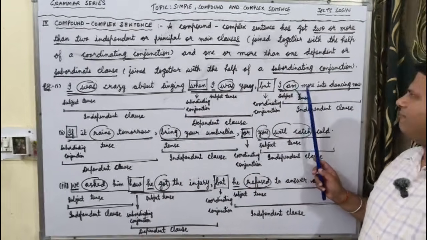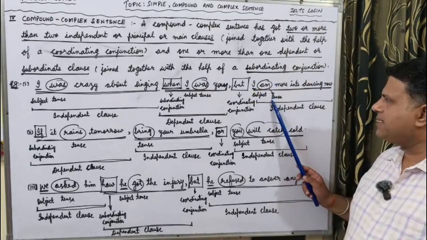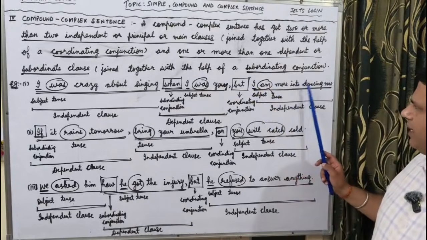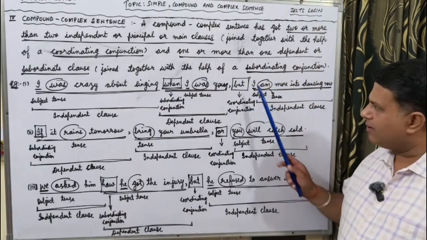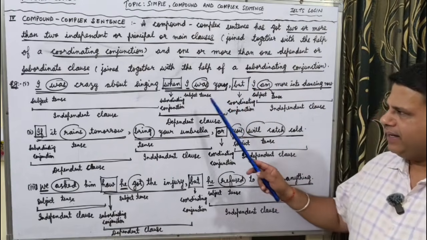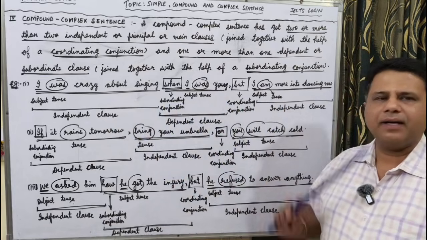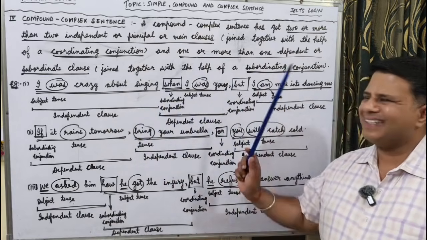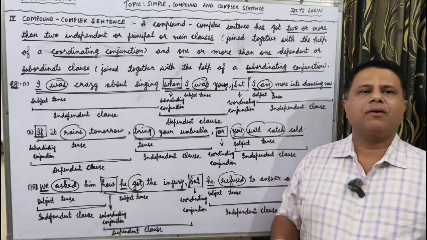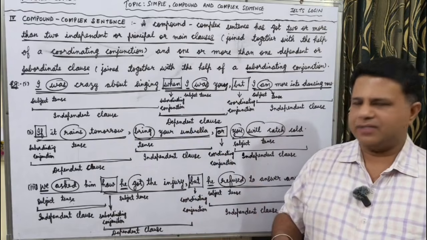I am more into dancing now. I is the subject, am is the tense element. I am more into dancing now. This is an independent clause and this is the coordinating conjunction. One coordinating conjunction, one subordinating conjunction, two independent clauses and one dependent clause, and the whole sentence is called a compound complex sentence. So what a beauty of clauses.